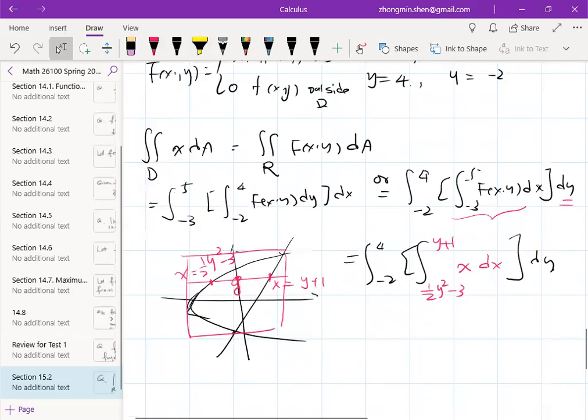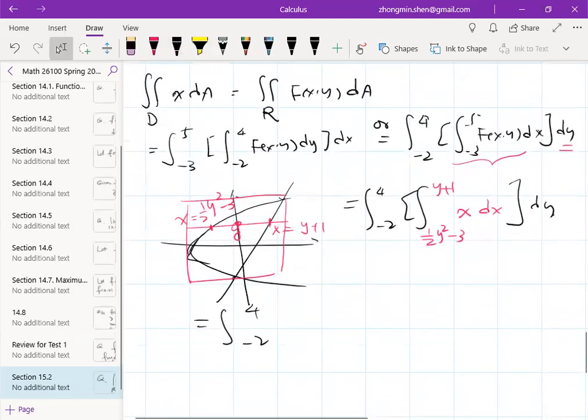Over that interval, I can replace capital F by x, the original function. Now the antiderivative of the function x is half of x squared, and then evaluate at the two endpoints.